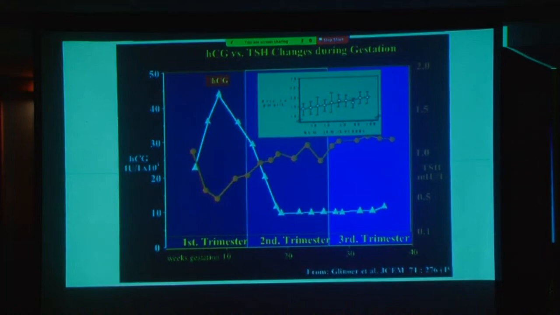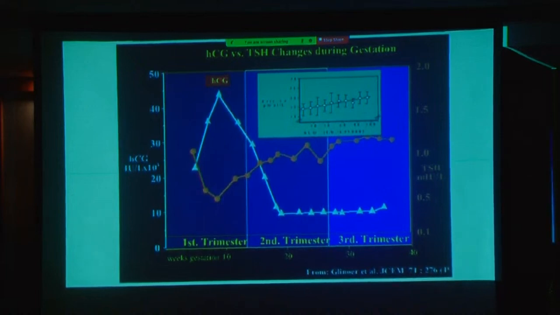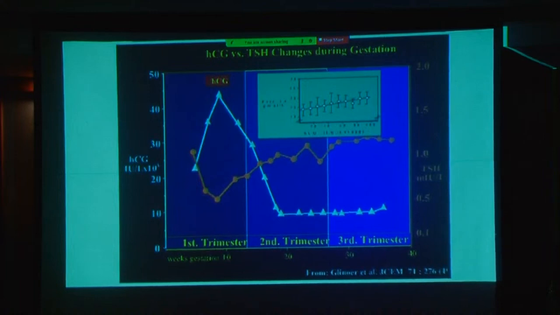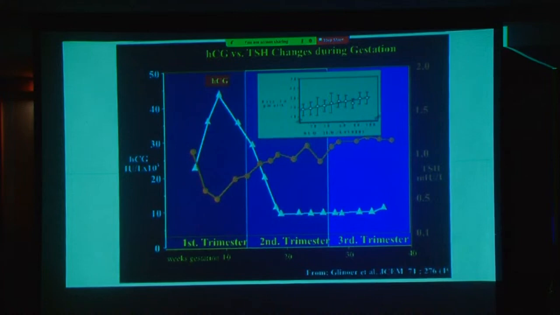But that HCG level comes back to normal by around 12 weeks of gestation, and again the TSH also comes back. So when you want to evaluate the patient about thyroid hormone in the first trimester, if you get a very low value, that means that is the period, the first trimester is the period where organogenesis happens.